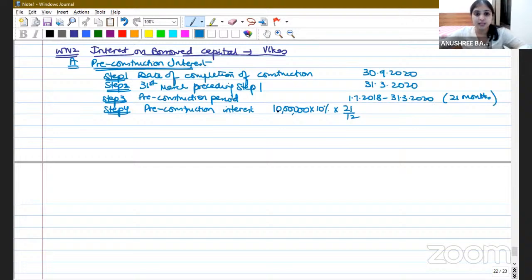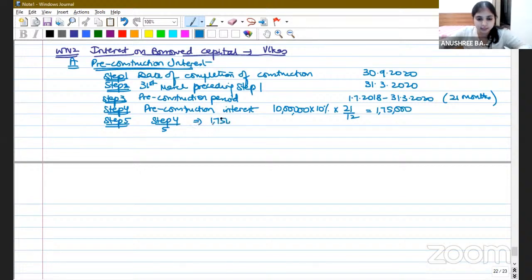In step 4, we calculate interest for this period. So 21 months, how much will this be? 10 lakh into 10% into 21 by 12. You will get 1,75,000. What is step 5? Step 5 is nothing but step 4 divided by 5.